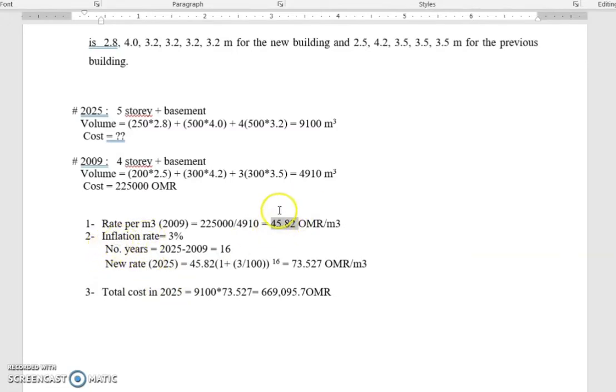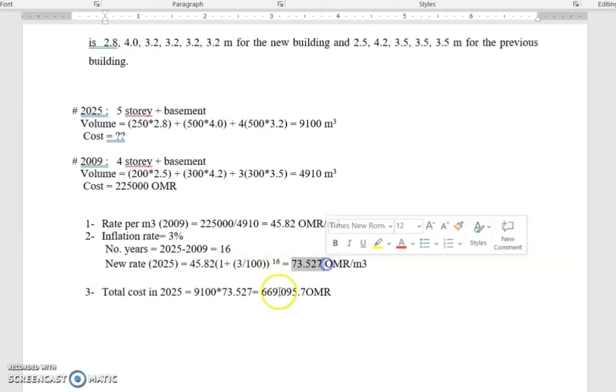Let's take this one and convert it into this year, which is 2025. According to the formula, we need to know the time period, which is 16 years. And here we have the old cost times 1 plus 3% to the power of 16.